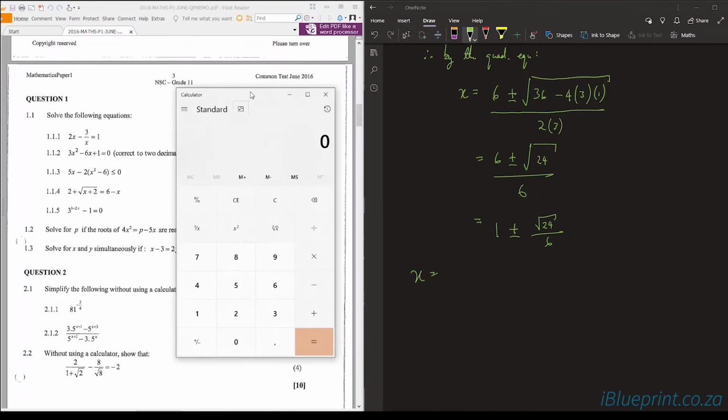Just use the one on my computer. So the first solution is 1 minus the square root of 24 divided by 6. I just need to make sure that this calculator has done the BODMAS math right. So what I'll actually do is take 24 divided by 6, square root of 24. Okay, let me do that again. This calculator doesn't even have brackets.